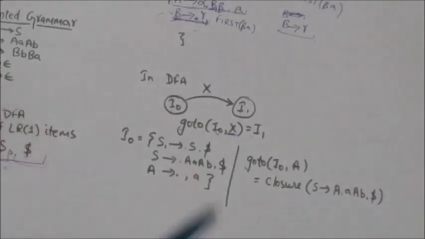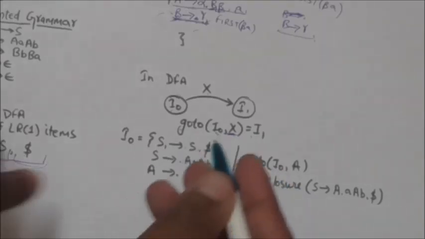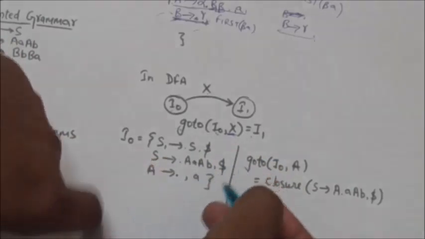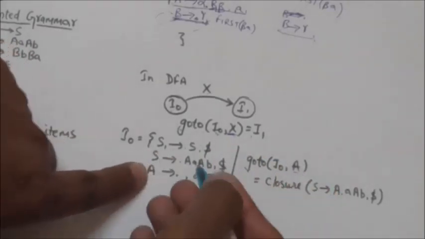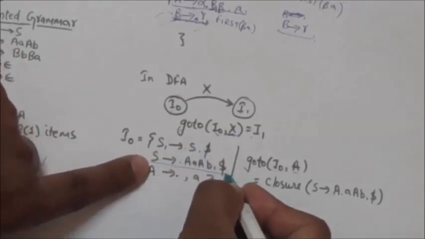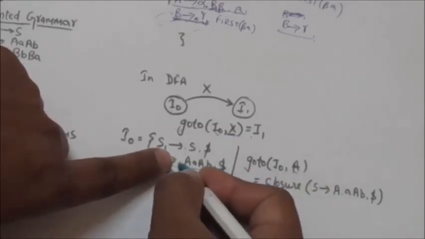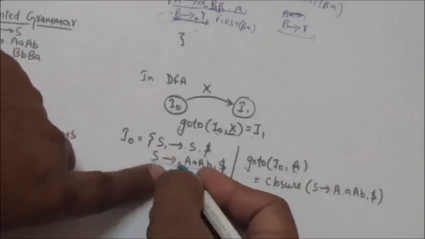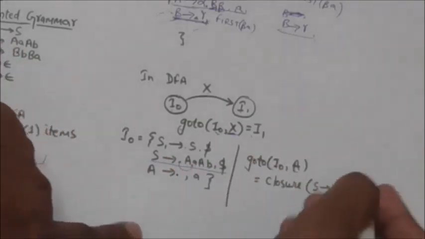So how do we find it? So first of all, in this state I0 we will check all the LR1 items, right? We will check all the LR1 items in which the dot is preceding this symbol A, right? So here only in this LR1 item you can see that dot is preceding this non-terminal symbol A. So what we will do, we will shift this dot to the right of this non-terminal symbol A, right?